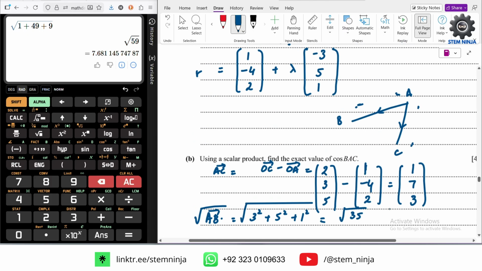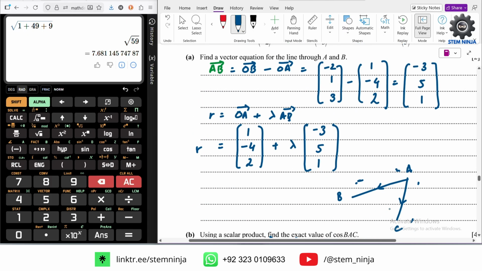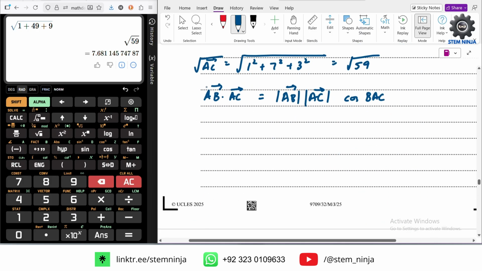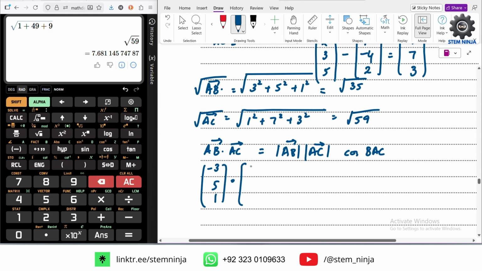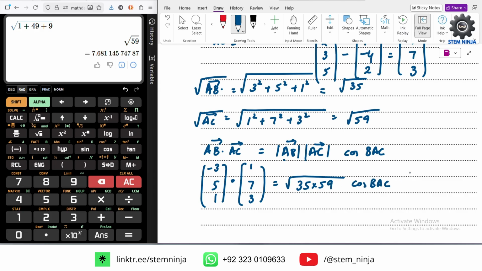So AB was once again (-3, 5, 1) dot (1, 7, 3), and square root of 35 times square root of 59 cos of BAC.